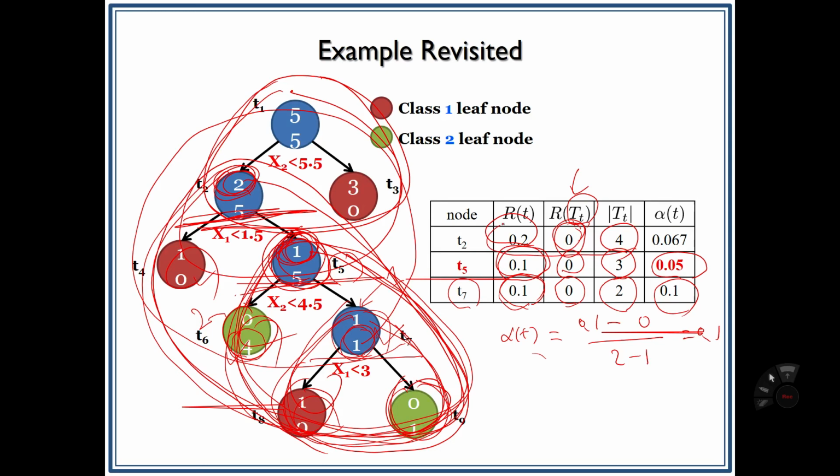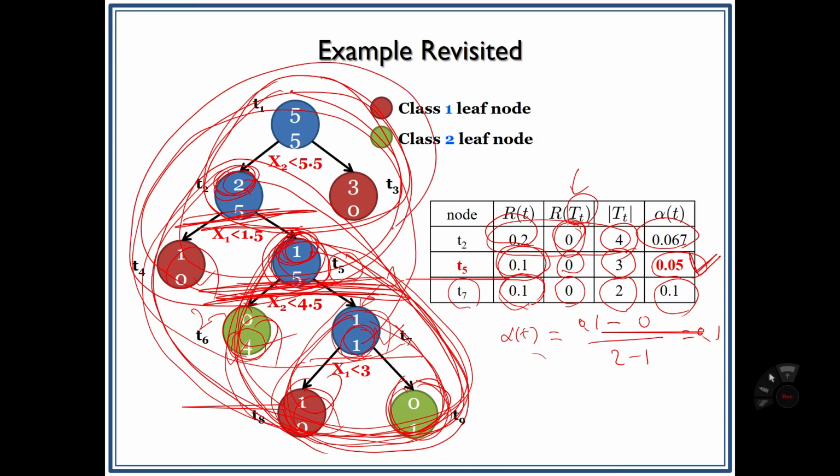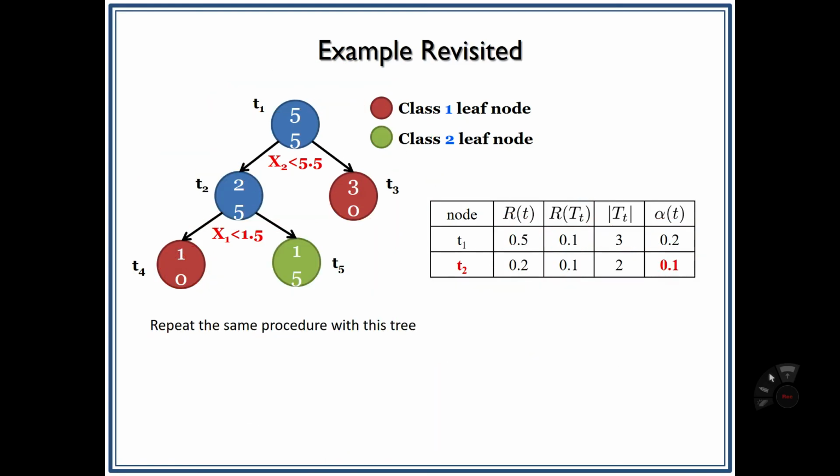Based on those values, we can compute alpha t, which is this one. And what is the minimum value? This one. So we cut off these 2 branches at this stage. Then we're going to get this pruned tree.